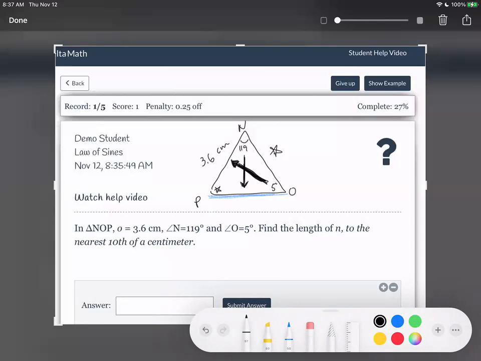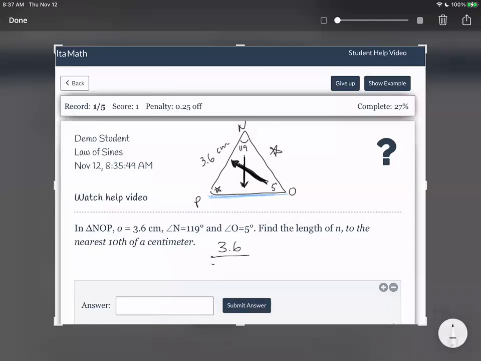We have 3.6 over sine of 5 degrees. So that would be this little pair that I just put stars on. And then this is going to be equal to the side length N divided by sine of 119 degrees. So that would be this pair.